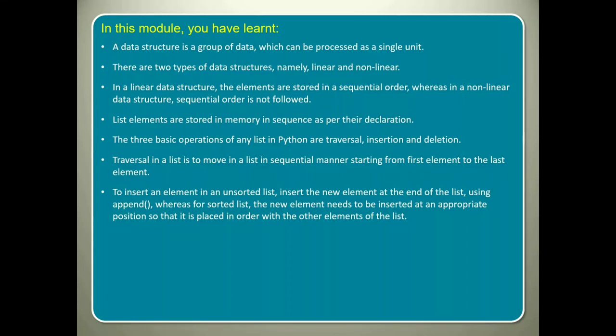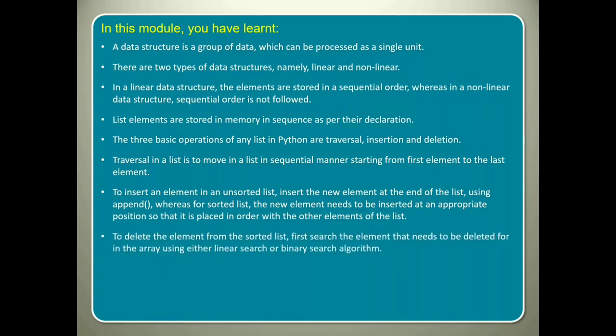Whereas for a sorted list, the new element needs to be inserted at an appropriate position so that it is placed in order with the other elements of the list. To delete an element from the sorted list, you need to first search for the element that needs to be deleted in the array using either linear search or binary search algorithm.